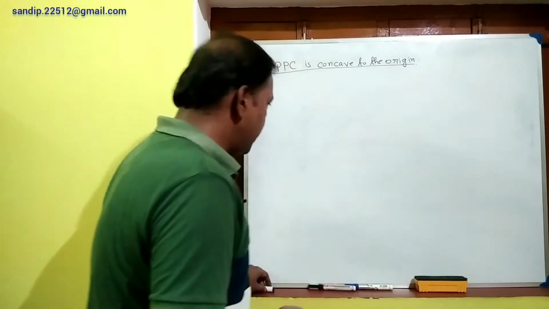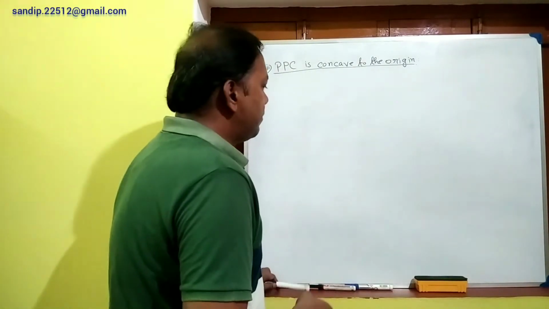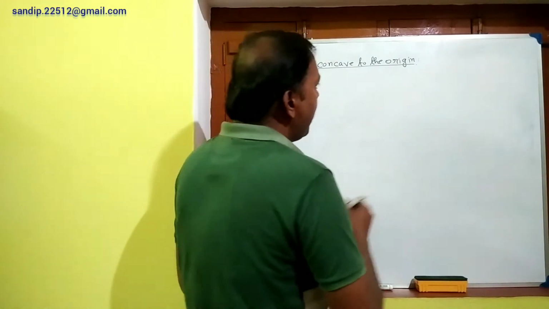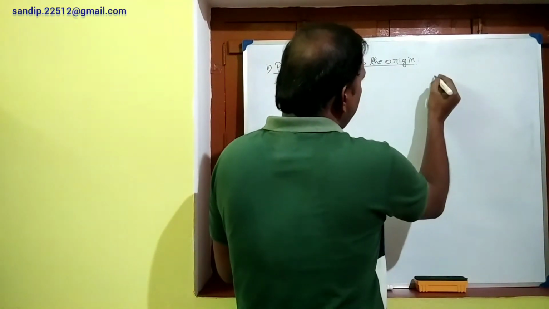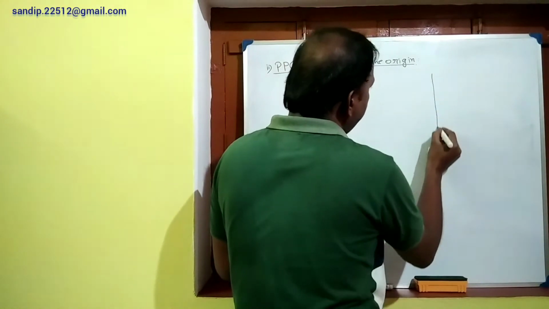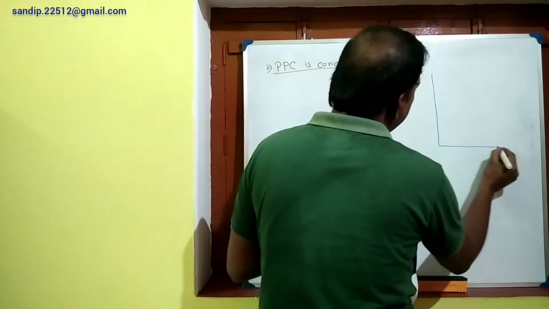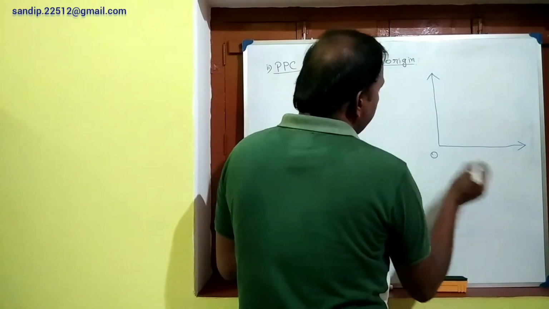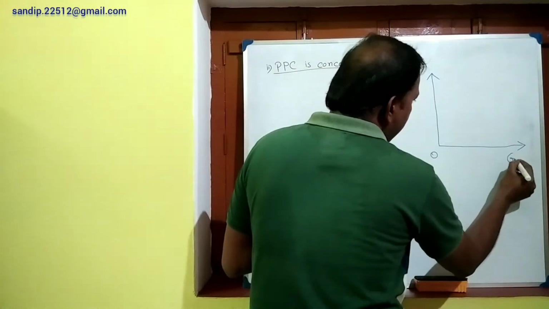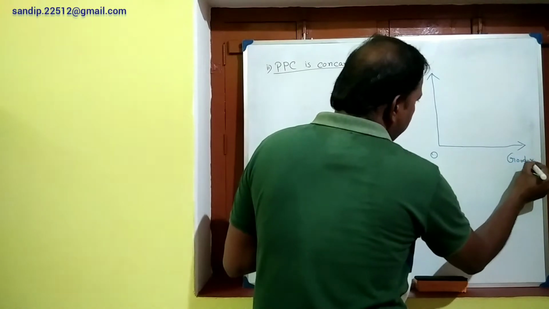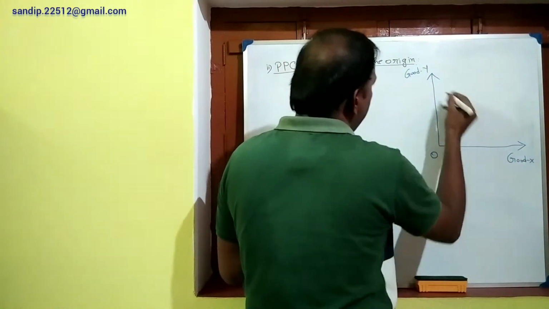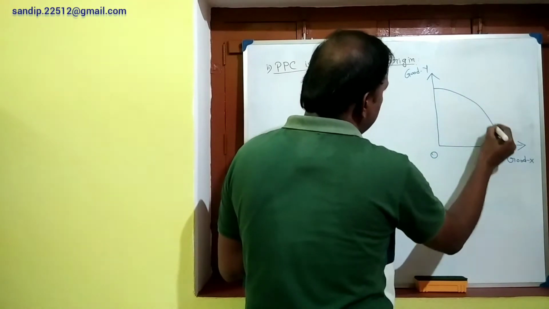Now students, to prove that PPC is concave to the origin, what do we have to do? First, you see, we know that this is our PPC curve, meaning if we measure good X along the horizontal axis and good Y along the vertical axis, then this is our PPC curve.